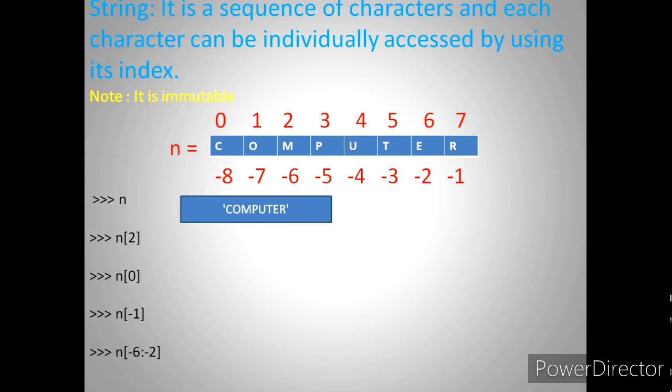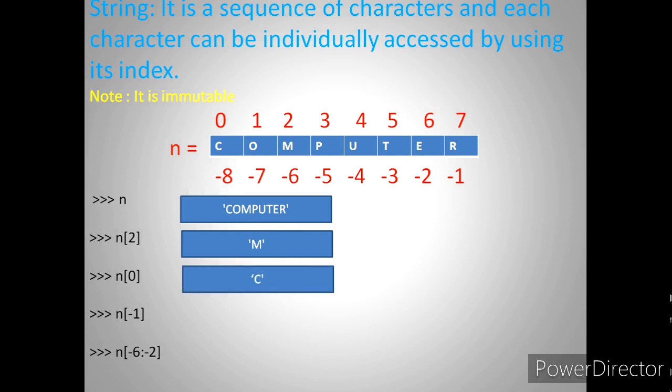So if I say n index 2, what output will you get? M. Yes, you will get the value M. If n index 0, C. If n index minus 1, R. Very good.